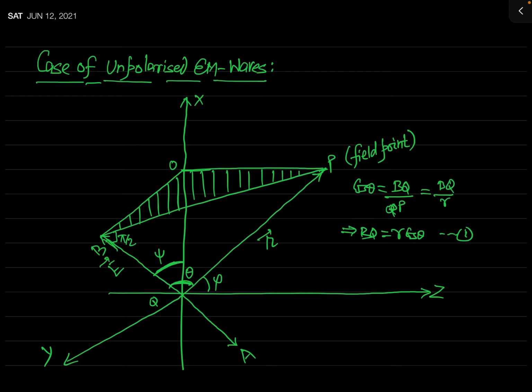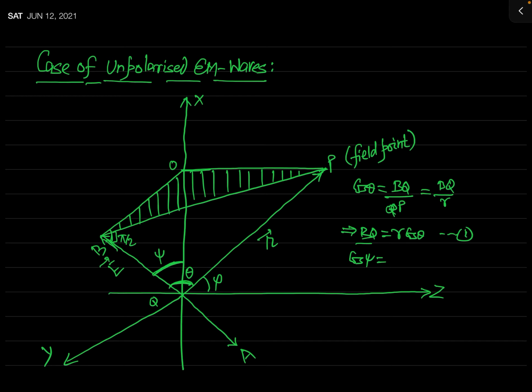Now we will again try to find the value of this BQ from this geometry of figure in terms of phi and psi. And for that, let us first of all calculate what will be this cos psi. See this figure. Again you can say that this angle is 90 degree.